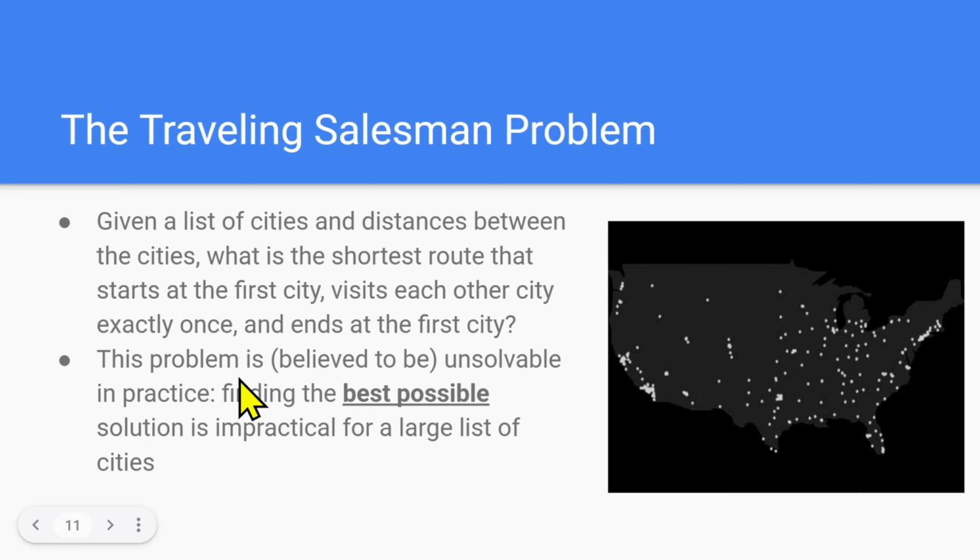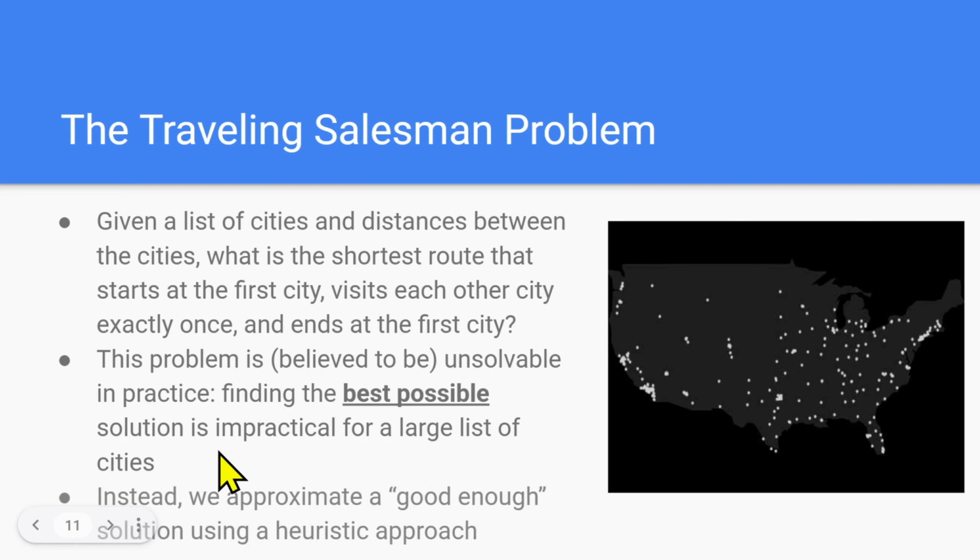This problem is believed to be unsolvable, basically because if I give you 3 cities, New York, Chicago, Los Angeles, could you come up with the shortest route? Yeah. But if I give you 300 or 3,000 cities, could I use the same algorithm I did for those 3 cities and guarantee I find the shortest route? No. The question becomes impractical once I start giving you a large list of cities.